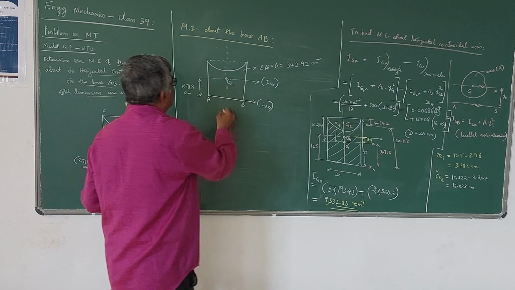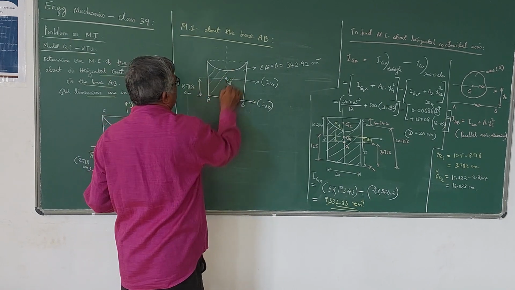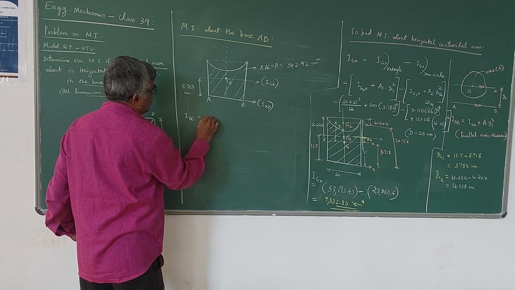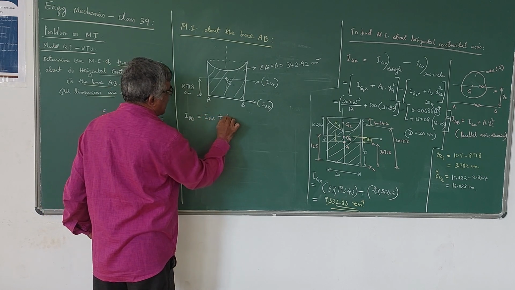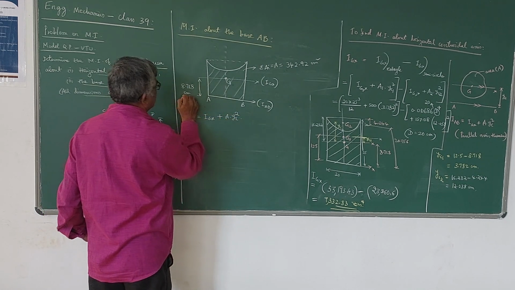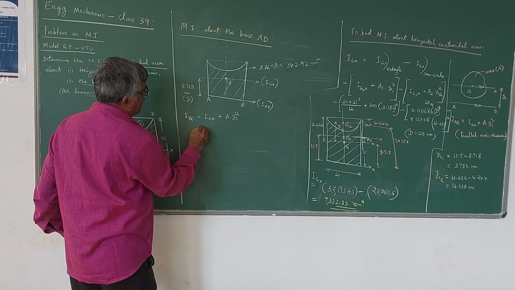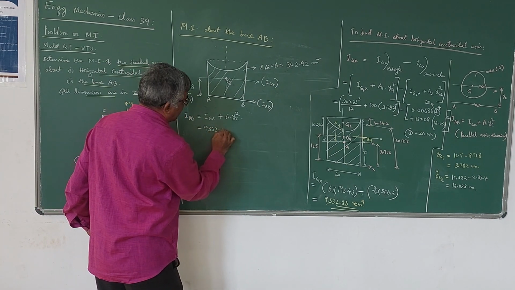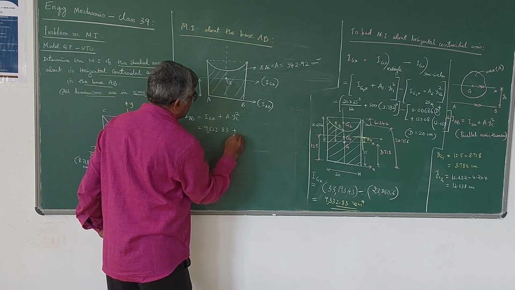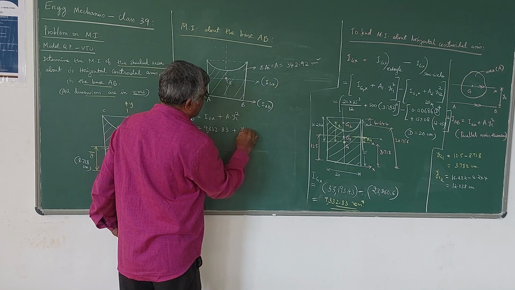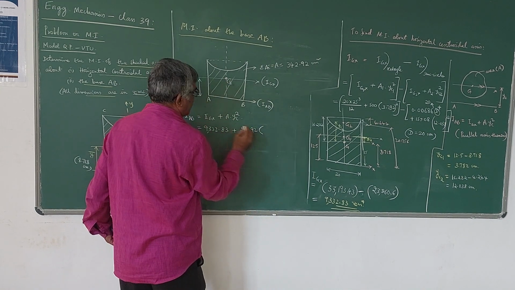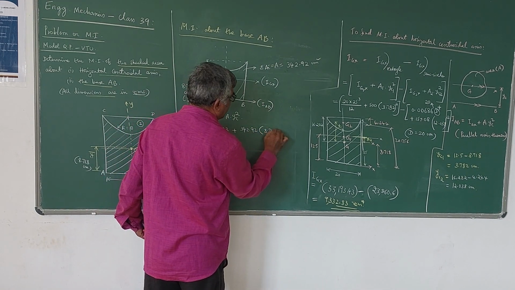Now we have to use the parallel axis theorem to find this IAB. So IAB is equal to IGX plus A into YC square. So this is your YC. IGX we have already calculated: 9332.83 plus area 342.92 into YC, the distance, that is y bar, 8.718 square.